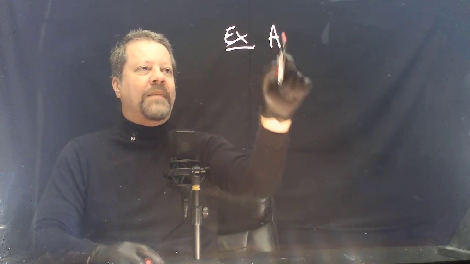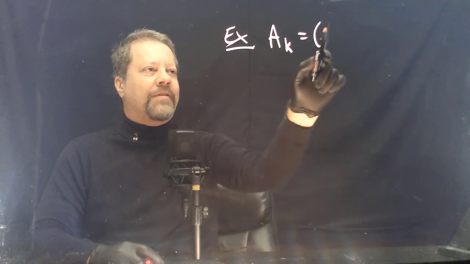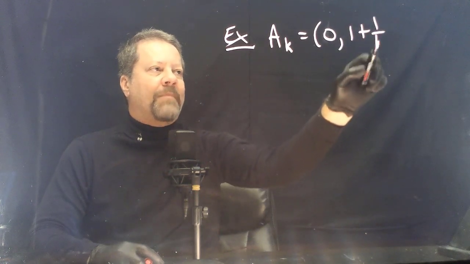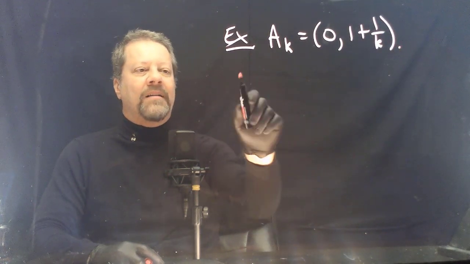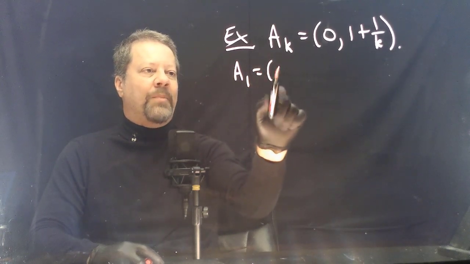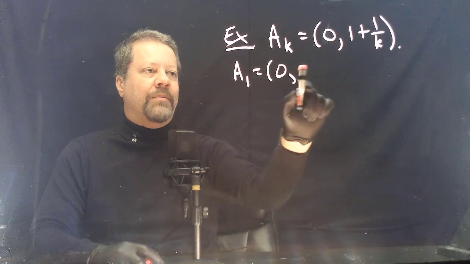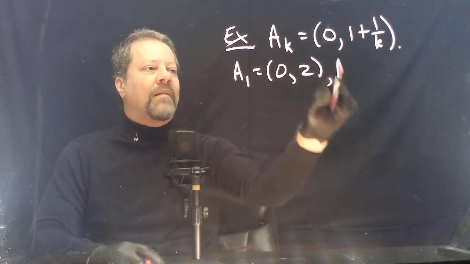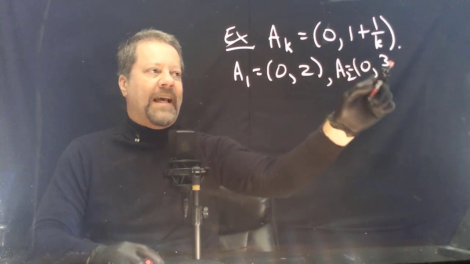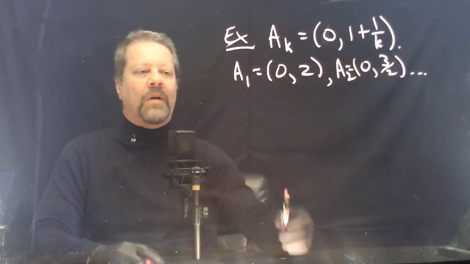In another example, consider A sub k's to be intervals from 0 to 1 plus 1 divided by k. So you can see A sub 1 will be the open interval from 0 to 2. A sub 2 is the open interval from 0 to 3/2, and so on.